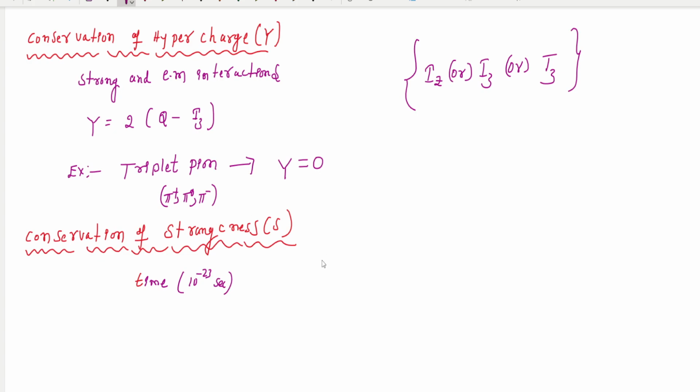The hyperons are produced by the strong interactions, and the decay is always by means of weak interactions.